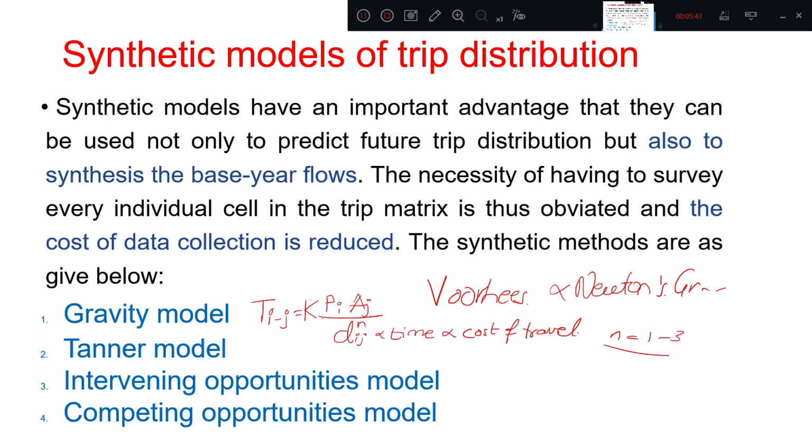So this is the gravity model of the synthetic method.